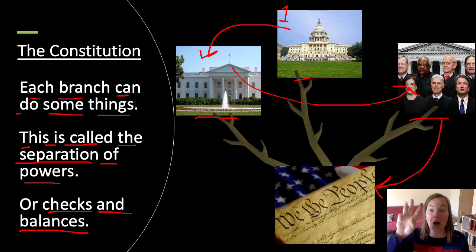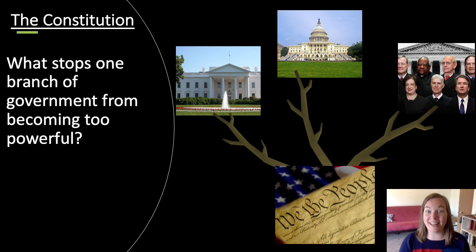So each part does something different. It is to stop someone from becoming a king or queen, because our government is a democracy, so we share the power. Let's practice. What stops one branch of government from becoming too powerful?